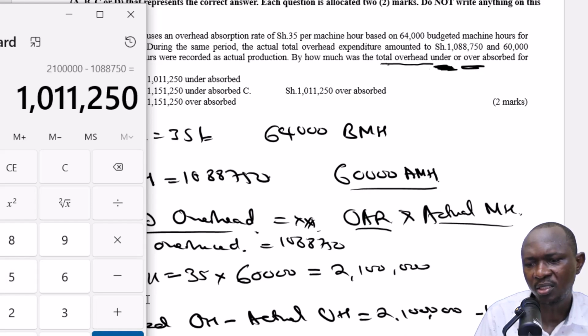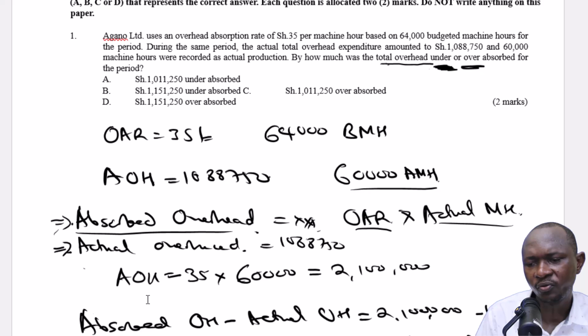That gives us 1,011,250. So what is this 1,011,250?